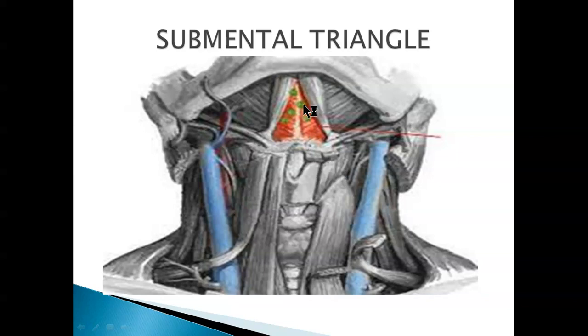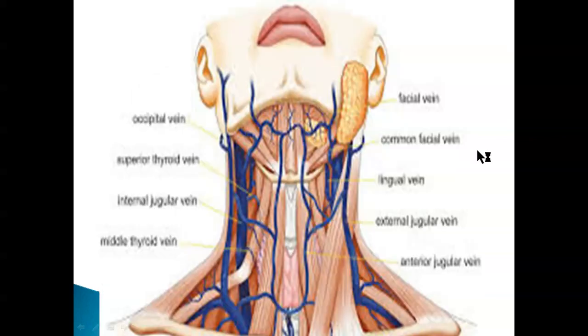The anterior jugular vein is formed in this area, comes down, and somewhere in the suprasternal notch there is a connection between the anterior jugular veins on both sides. So the submental triangle has the content of the anterior jugular vein.